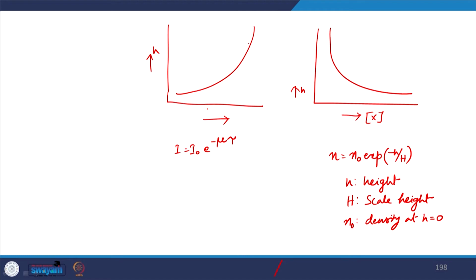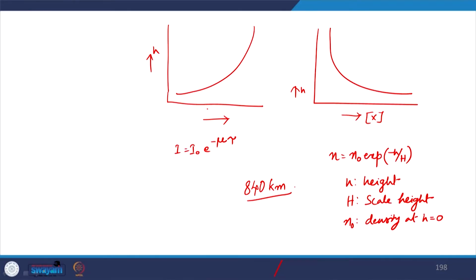That means the energy available at the maximum height is maximum. Let us say we consider the top of the atmosphere to be 840 kilometers, where there is absolutely nothing, a near or perfect vacuum. That means there are no atoms and molecules.